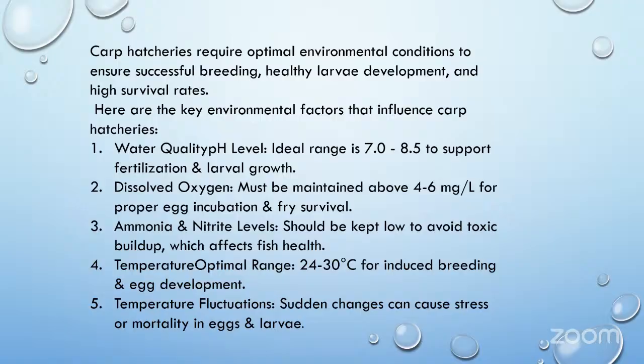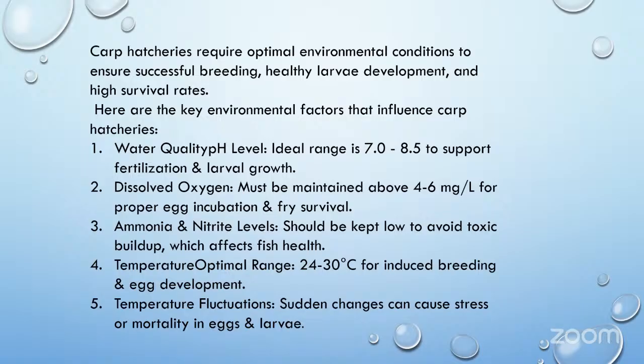Carp hatcheries require optimal environmental conditions to ensure successful breeding, healthy larval development, and high survival rates. Here are the key environmental factors that influence carp hatcheries. The first is water quality: pH level, the ideal range is 7 to 8.5 to support fertilization and larval growth.